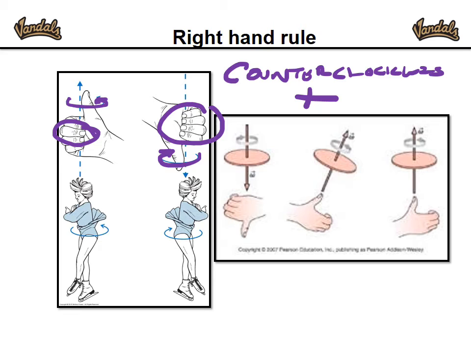Unless I tell you otherwise, if the movement we see is going this direction, it's positive. Therefore, if the movement is going this direction, because that's clockwise, it is negative.